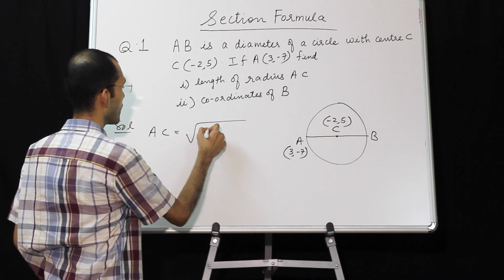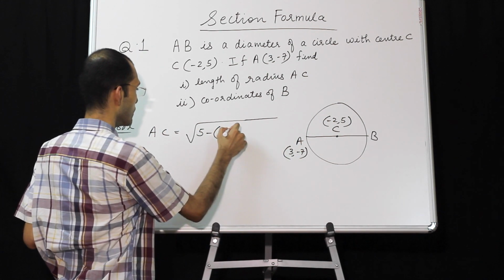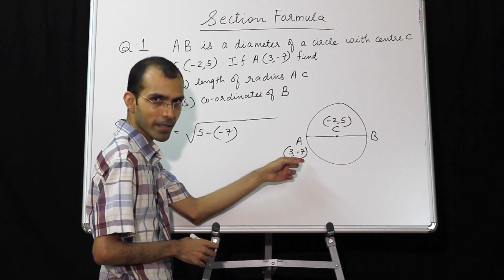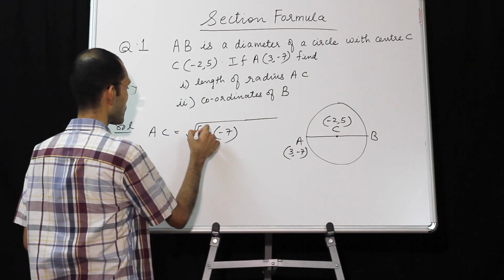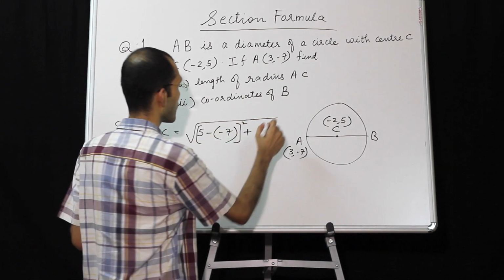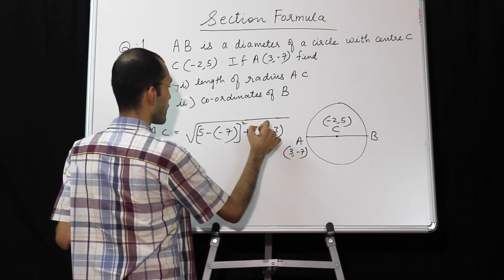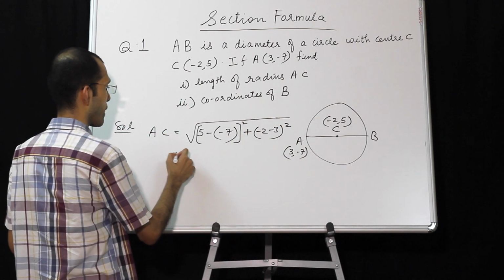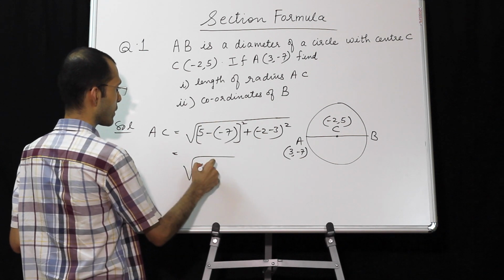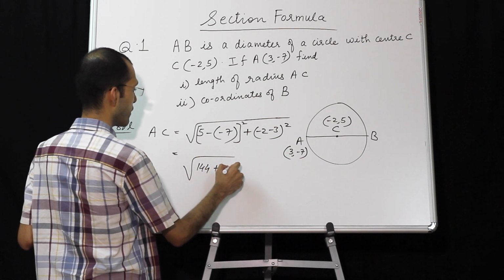So 5 minus minus 7, the whole square, plus minus 2 minus 3 the whole square. Take care of the signs. This will be now 5 plus 7, 12. 12 square is 144, minus 5 the whole square, 25.